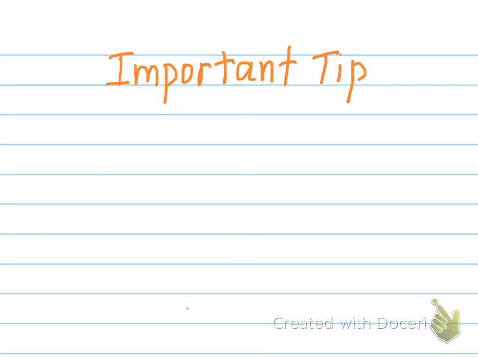So, find an empty spot on your page where you haven't written anything yet and write important tip. And then add a colon after the word tip. Are you ready? Here it goes.